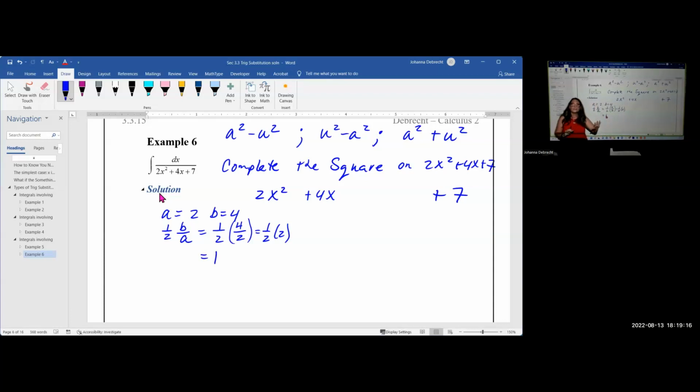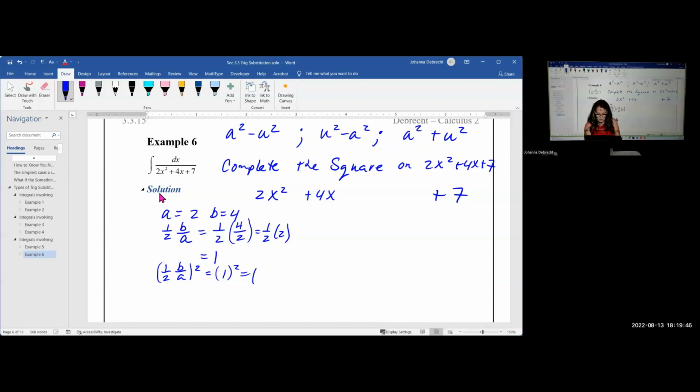The next thing I want to do is square it. I'm going to take this half of B over A and I'm going to square it. In this case, it doesn't change it. 1 squared is still 1. Now what do I want to do? I need to come up here to this original expression, and I need to force that coefficient of x squared to be a positive 1 by factoring A off of these two terms.